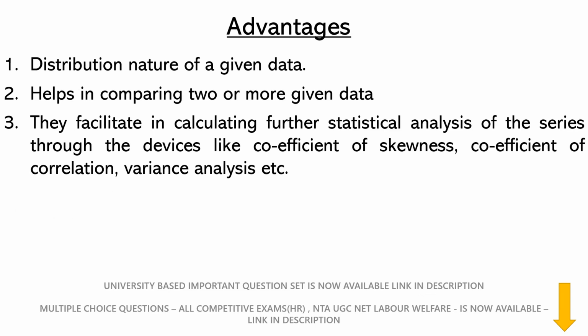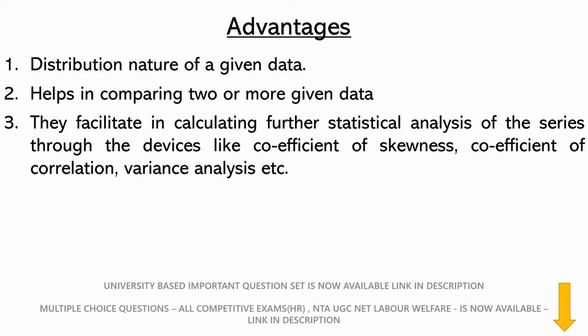Okay. Now, what are the various advantages of measures of dispersion? Now, the main advantage is, as the definition says, they show the variation in a given set of data, so that we'll understand where the data are lying, where the data distribution is. So it helps to understand that. It is very simple.